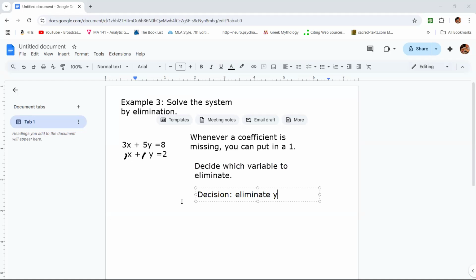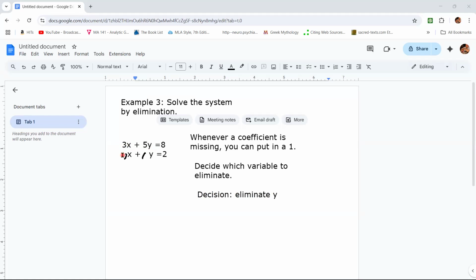I'm going to eliminate y. Now, the next thing I have to do is I need to decide which equation, remember there are 2 here. There's this top equation, 3x plus 5y equals 8. This bottom equation, 1x plus 1y equals 2.